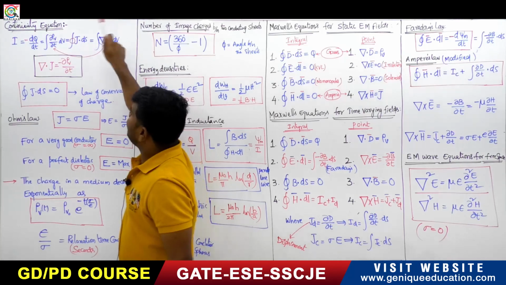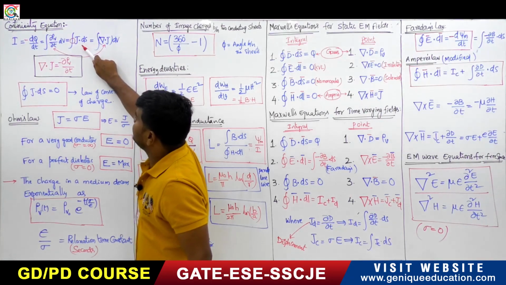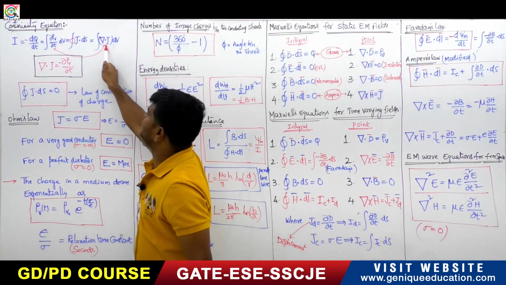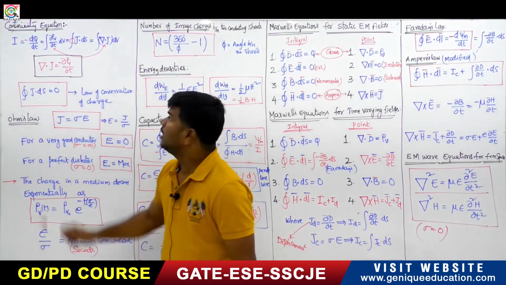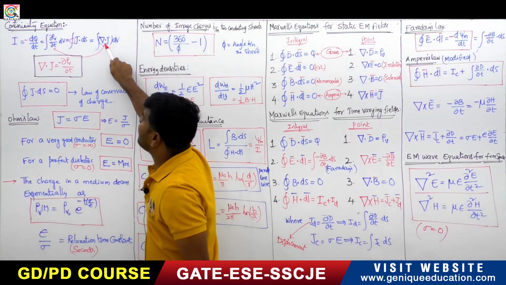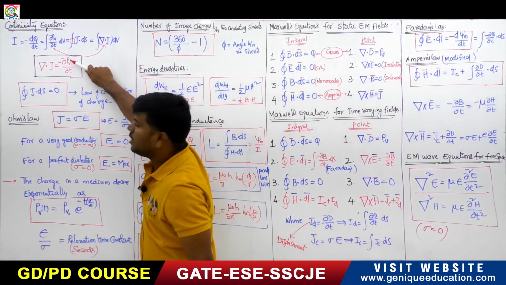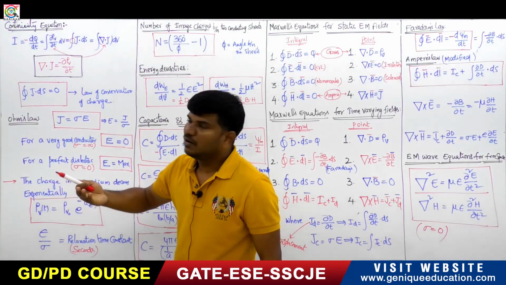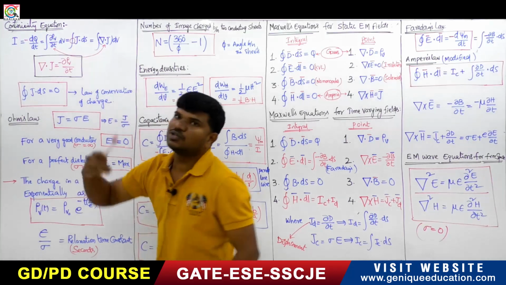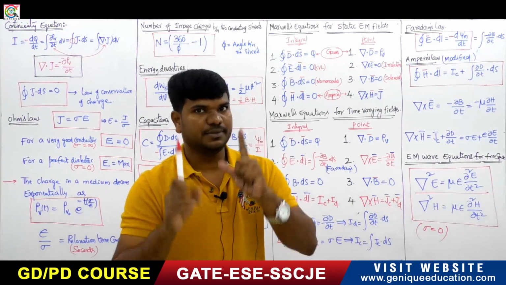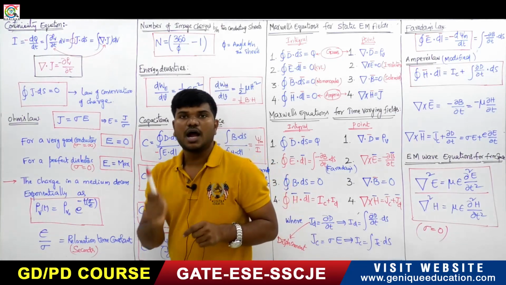It will exist if this is existing. Del dot J will be a non-zero value if you can supply the volume charges continuously. If you are not able to supply the volume charges continuously, there cannot be divergence of the current. That is the point you can identify.